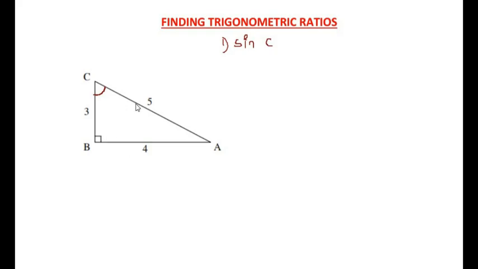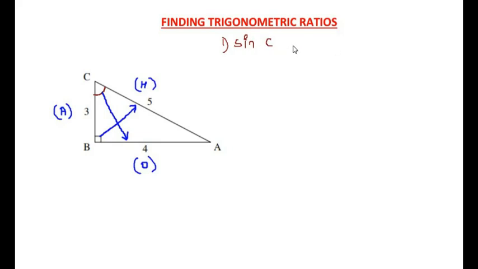Here this is the right angle triangle, so opposite to this is 5. So this becomes our hypotenuse. So AC is hypotenuse. Now angle of concern is C. So the side opposite to it is 4. So this becomes our opposite side. And finally 3 is going to be automatically our adjacent side.